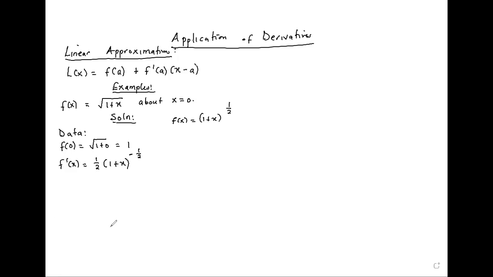And then in place chain rule, we differentiate 1 plus x, you get 1, and you multiply, which is the same thing as 1 over 2, because that half is negative, and the half is just a root, so it will be a root in the denominator. As you are collecting data, you also find the f prime of 0, which is 1 over 2, the root of 1, which is 1 over 2.